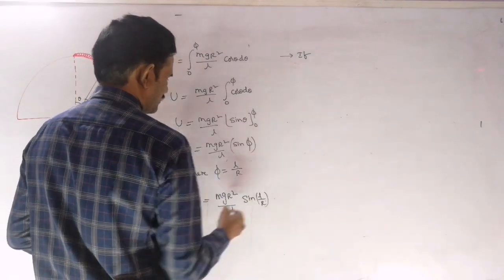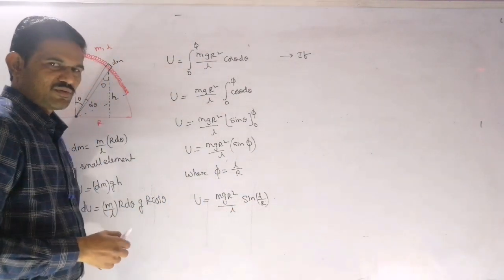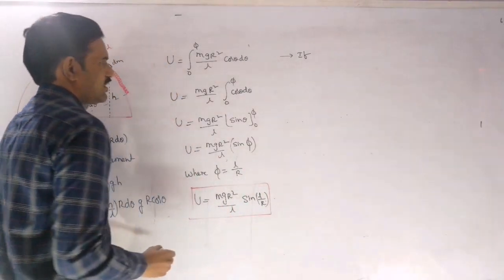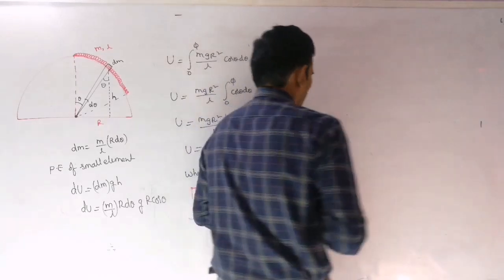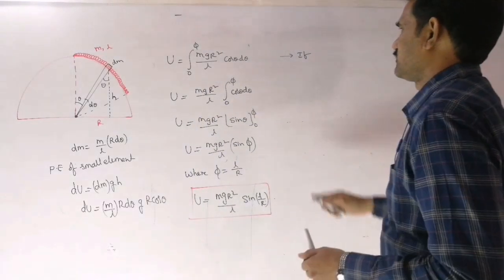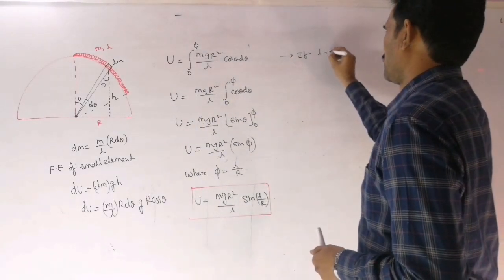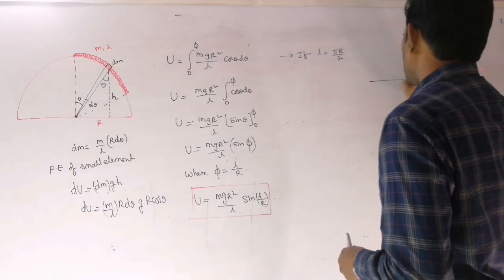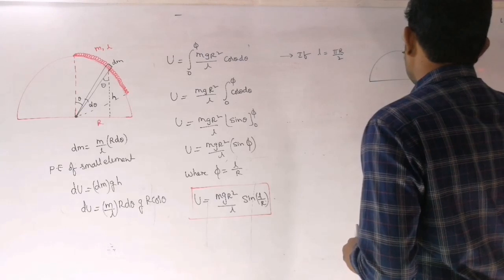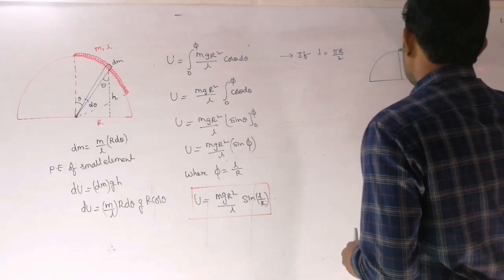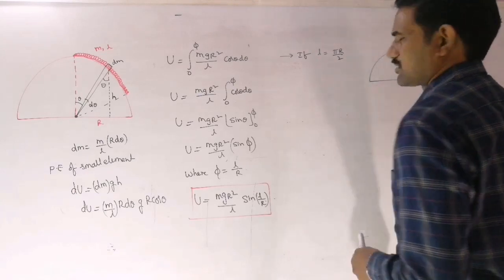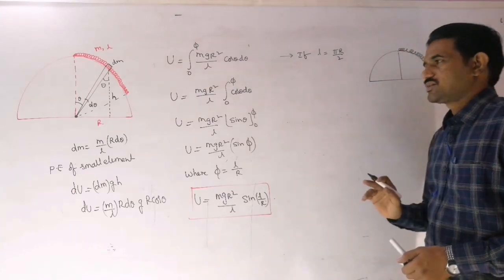Now suppose L is equal to pi r by 2. In that case this chain will be extended till this bottom.